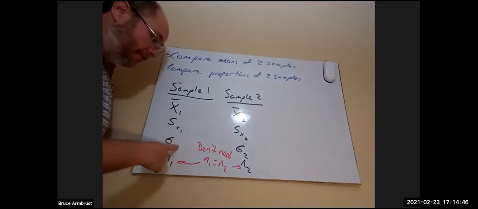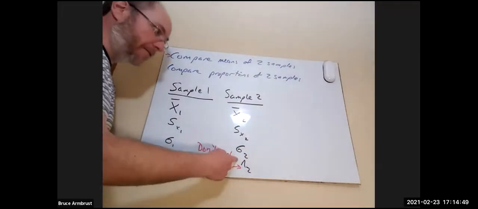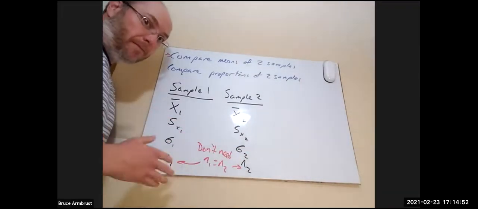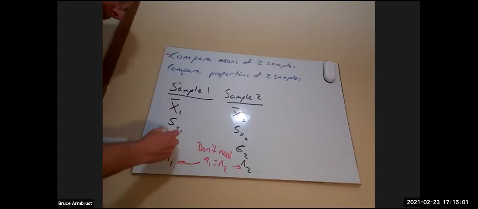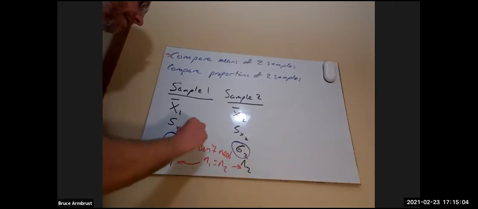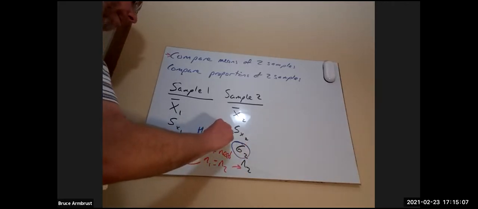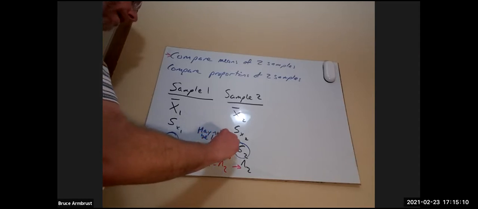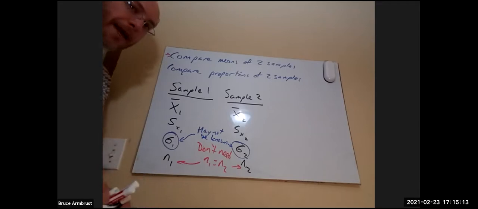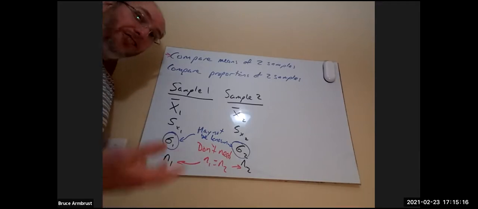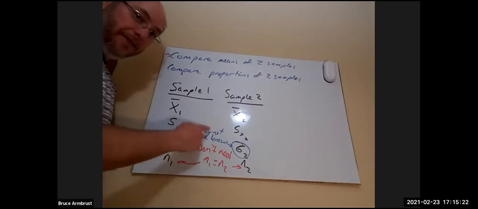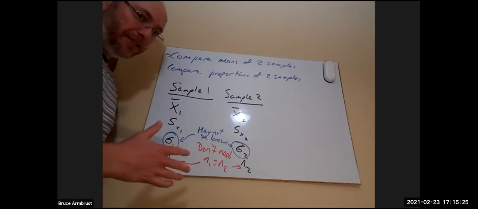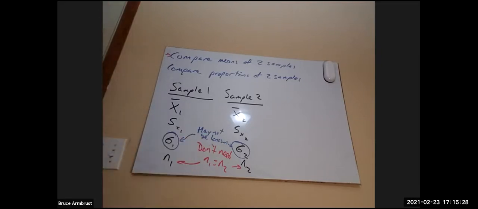I could ask 40 students in Tahoe and 35 students down in Carson. That's okay. Like always, the population standard deviations may not be known, and in fact, in general, you don't know them. We can always get our sample standard deviations, but the population standard deviations we may or may not know.